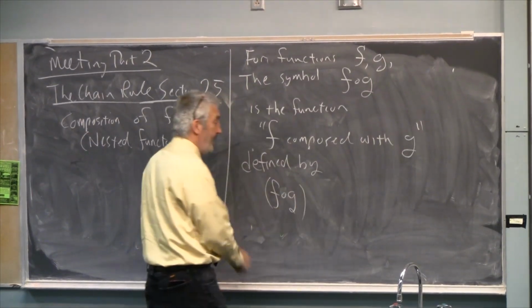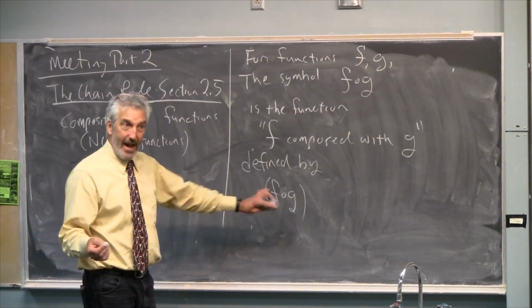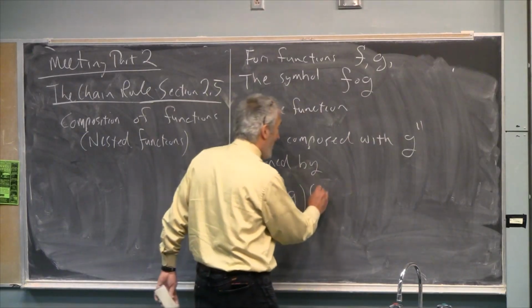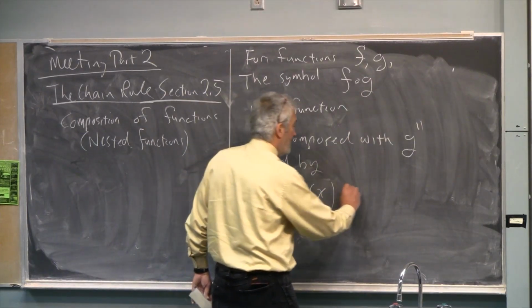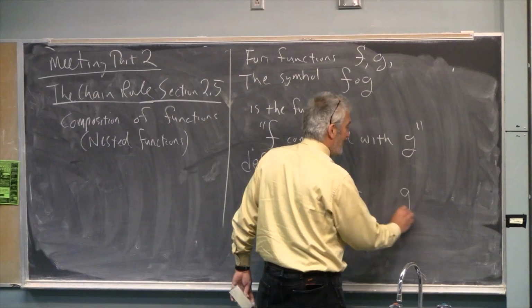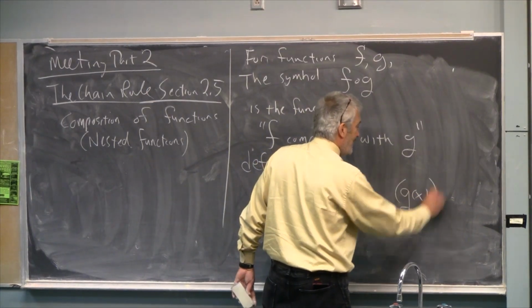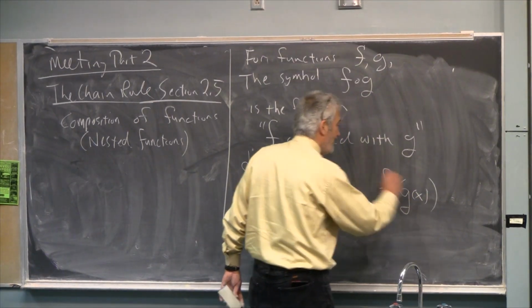So I'm going to put that whole name in parentheses because I want to make it clear that that's the name. And then I want to feed that thing an input. And the way this works is you take the input, and you first feed it into g, and then you feed that into f.